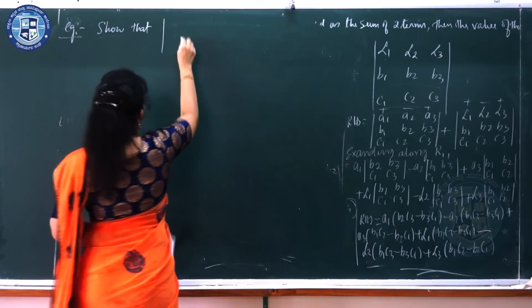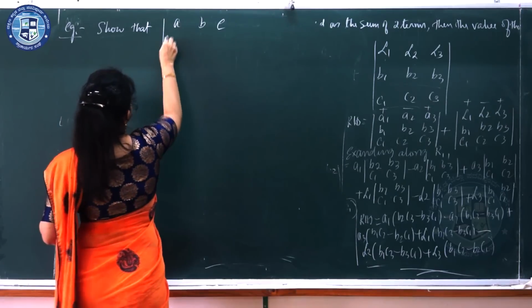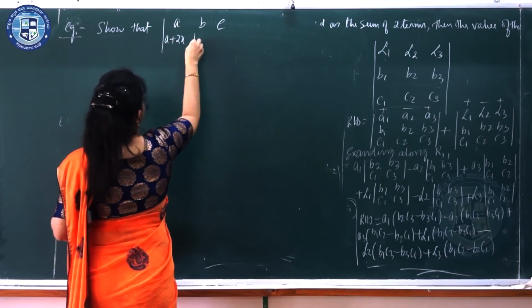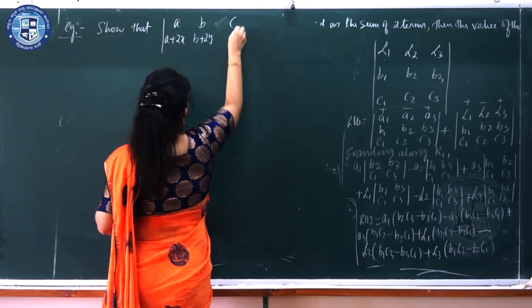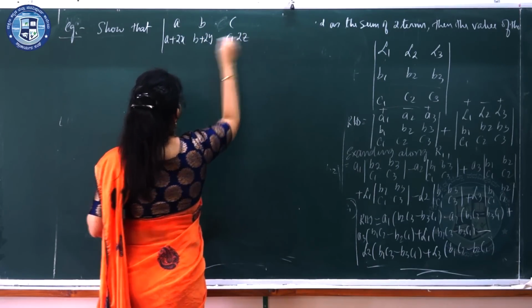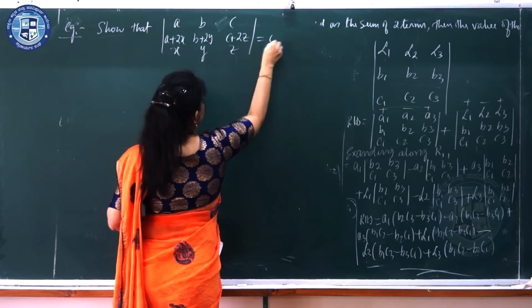the determinant of A, B, C, A plus 2x, B plus 2y, C plus 2z, x, y, z is equal to 0.